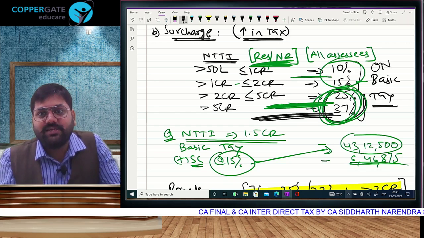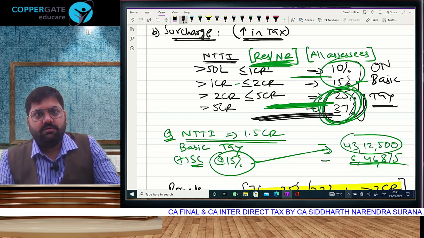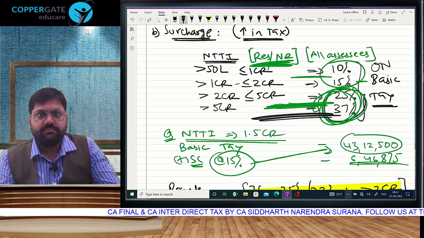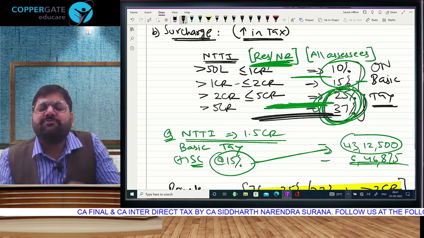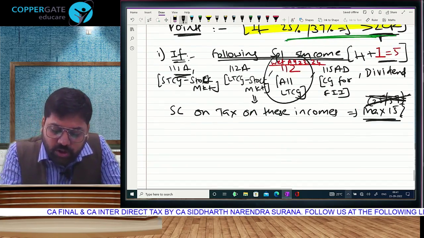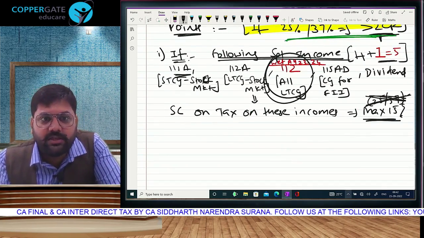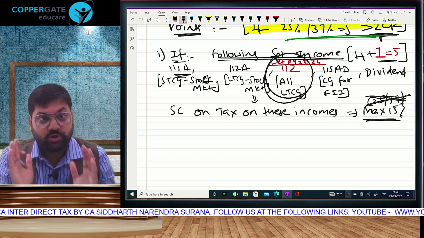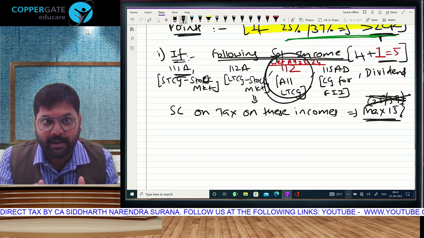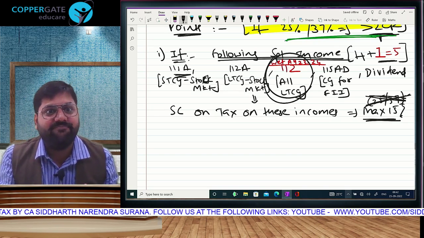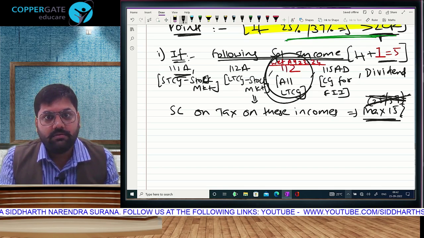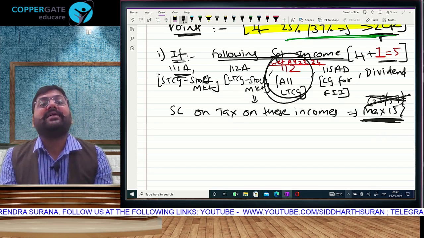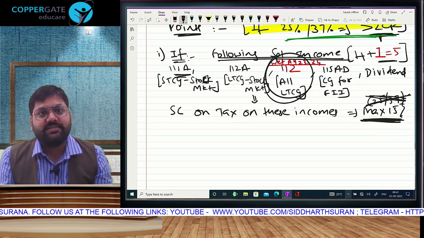Supposing I have sold the shares on the stock market, is it possible that I have gains exceeding 2 crores? Supposing I have sold a property, because now 112 is also covered as per the amendment, is it possible that my gains exceed 2 crores? Every time my income exceeds 2 crores, normally we have studied 25% surcharge is applicable. In fact, after 5 crore, it will become 37. But here it will not be 25 or 37. Here we will levy a maximum of 15%, whatever is the tax calculated.